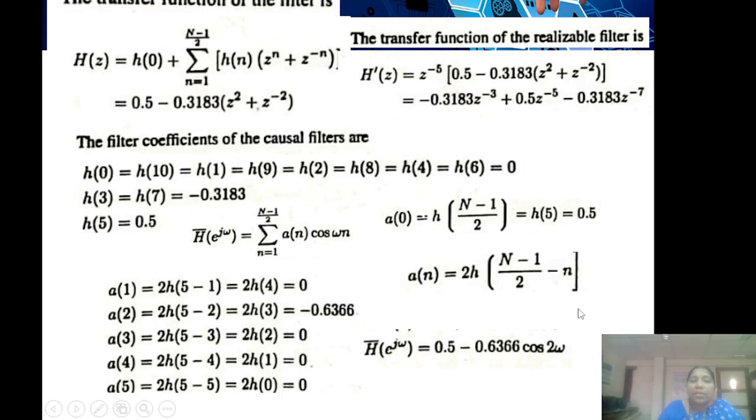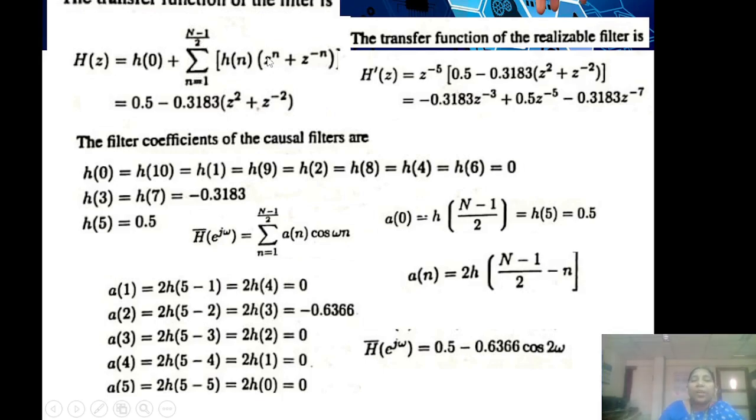The next step is to apply the transfer function of the filter. The formula is H(z) = h(0) + summation n = 1 to (N-1)/2 of h(n)[z^n + z^-n]. In place of h(0) we substitute 0.5, and we vary n from 1 to 5.